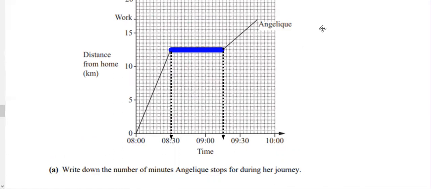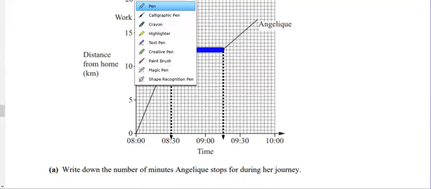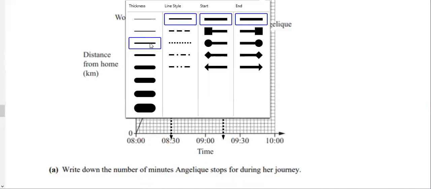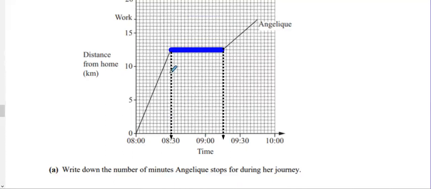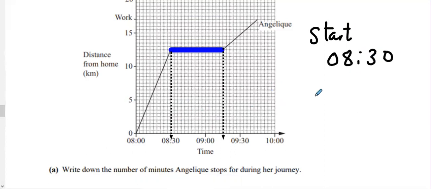So the rest started at this time, 8:30, and ended at that time there. So we need to find what this time represents. So the start of the rest is 8:30. This is the start of the rest. And the end of the rest is this time here.